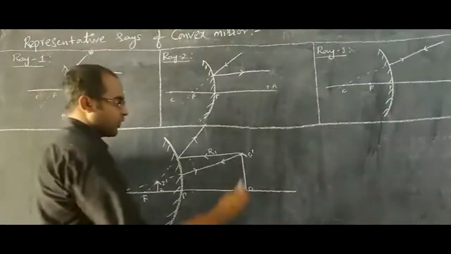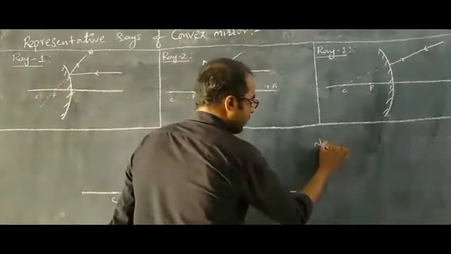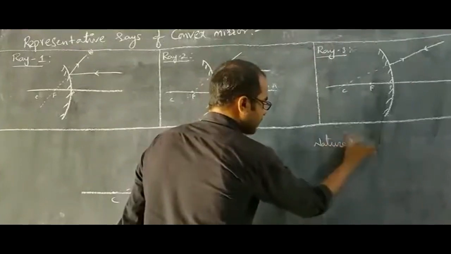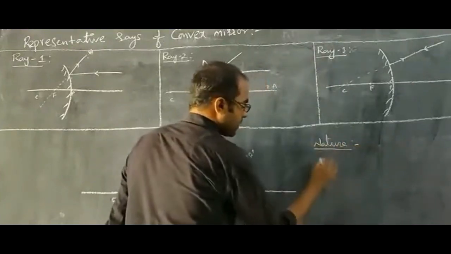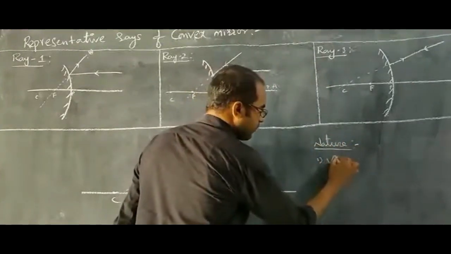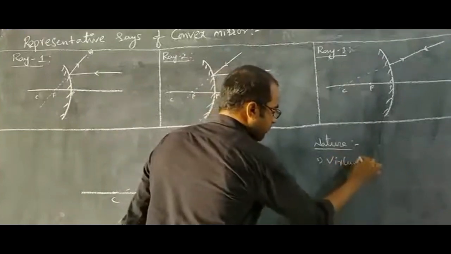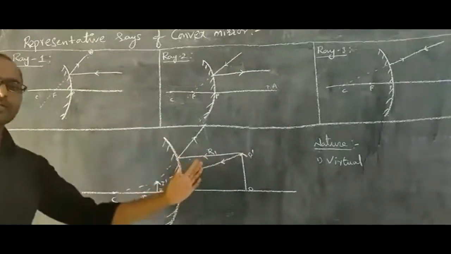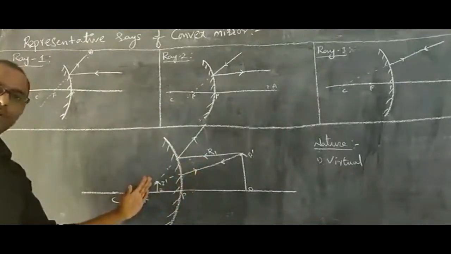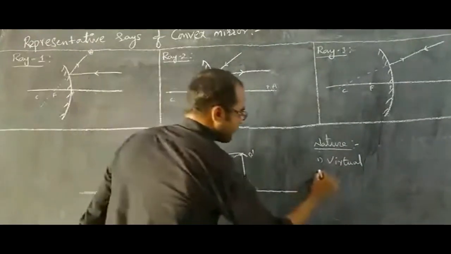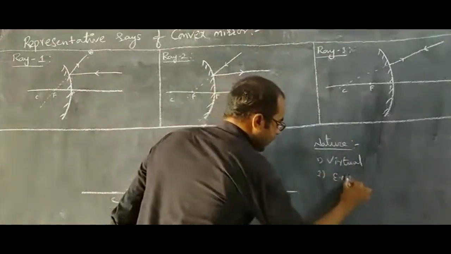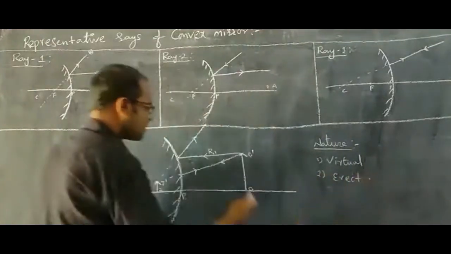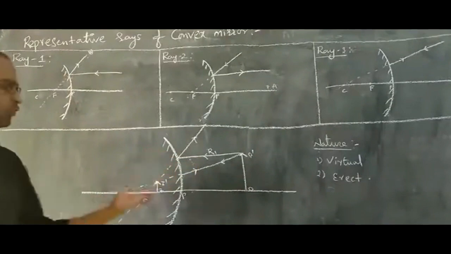So what is the nature of the image or the properties of the image? The first one is virtual, because it is formed inside the mirror, it cannot be taken on a screen, that is why it is a virtual image. Erect means straight image, it is not inverted.